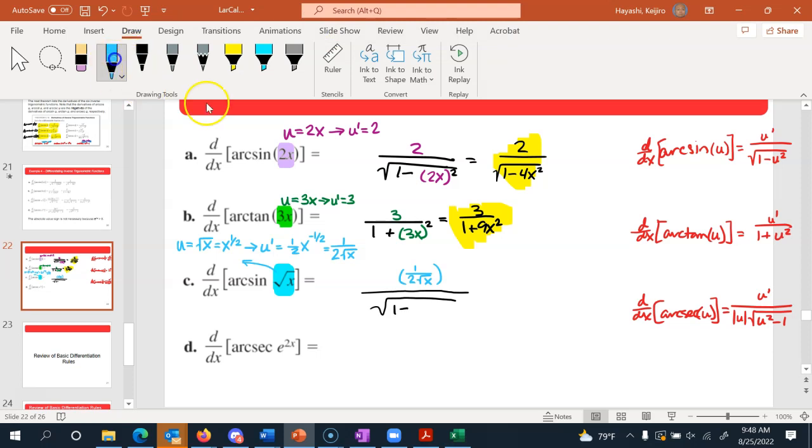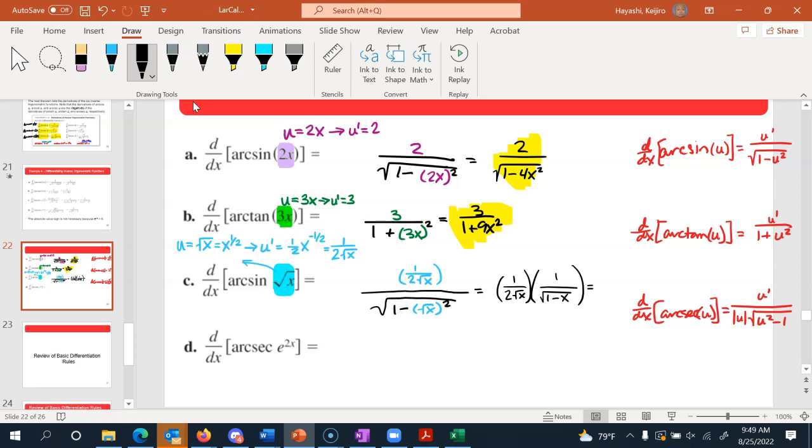Now u is the square root of x, so now we can simplify that. Instead of having it at the top, we just put it at the front. So 1 over 2 square roots of x times 1 over the square root of 1 minus, if you take the square root of x and you square it, you just get x.